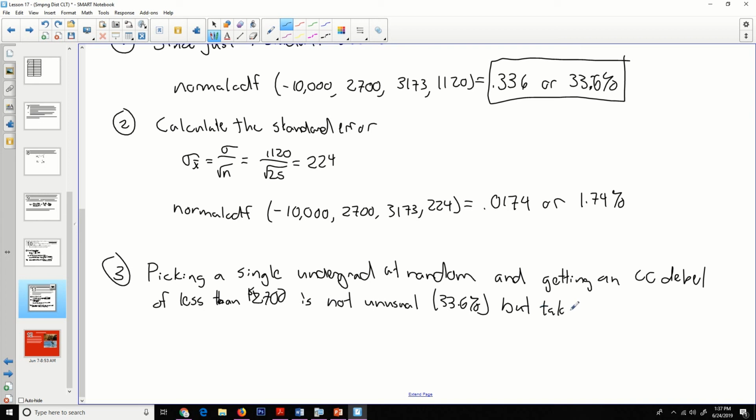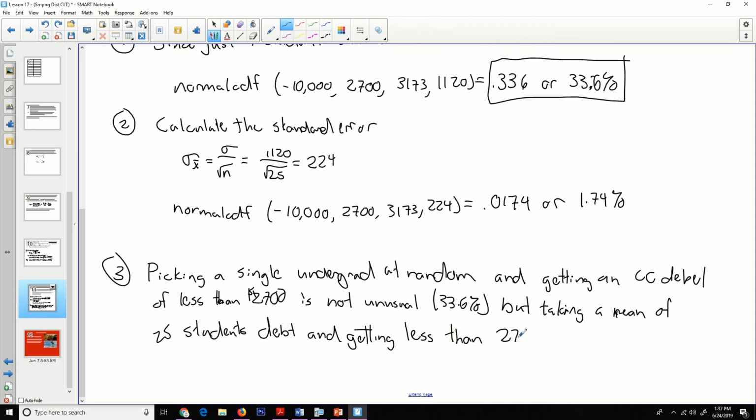But taking a mean of 25 students' debt and getting less than $2,700 is very unusual.